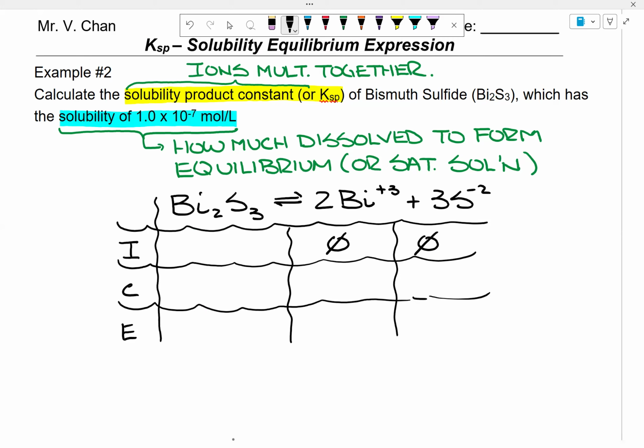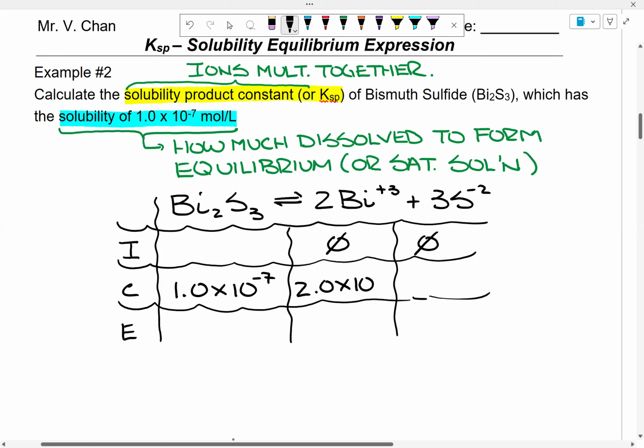So what do we do with this 1.0 times 10 to the negative 7? That is the change.